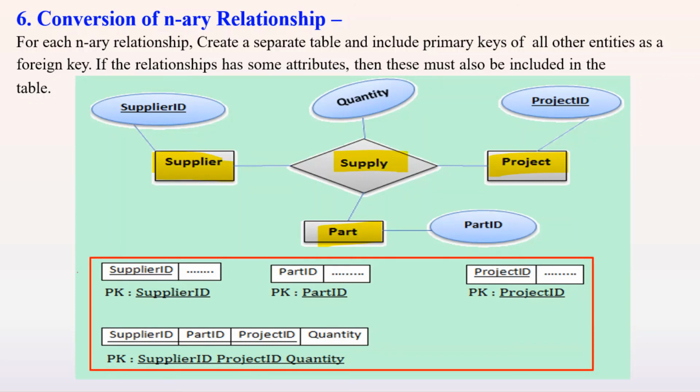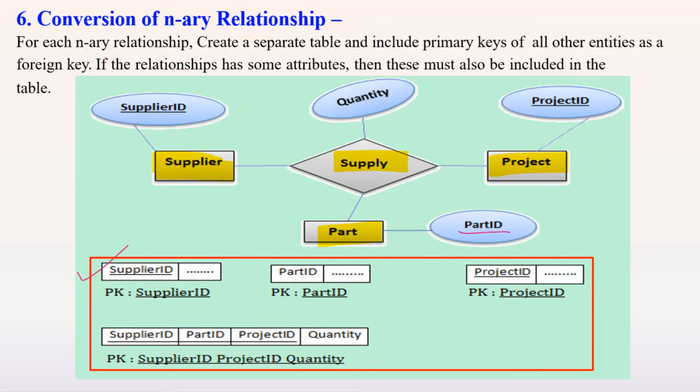So this is the supplier table with the primary key same as the entity, as all are strong entities here, because all are having keys. Here project ID is a key, supplier ID is a key, and part ID is also a key, although it is not underlined here, but yes, it's a primary key.